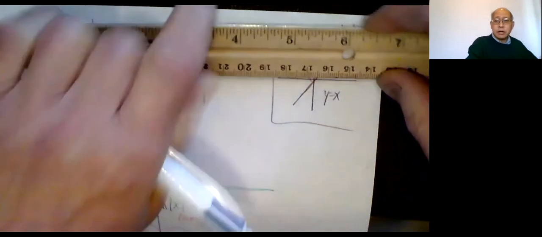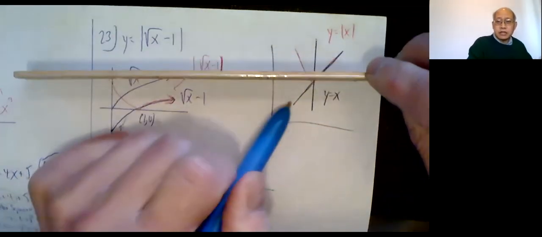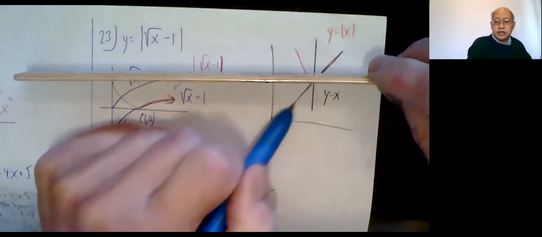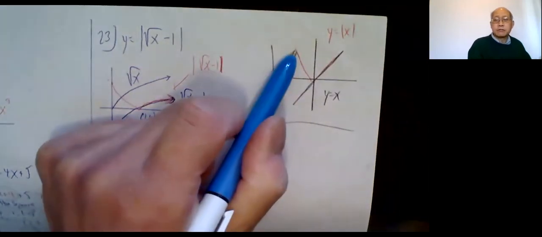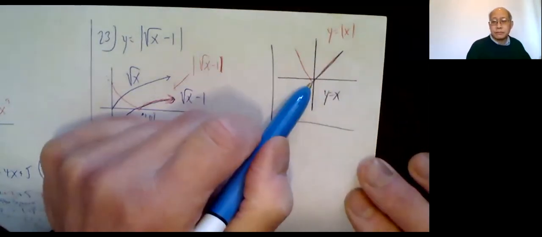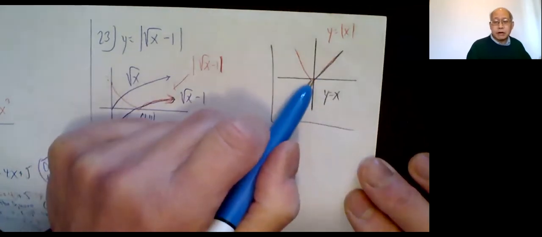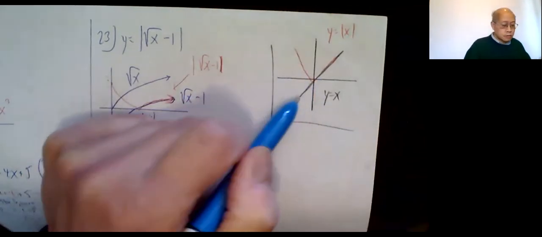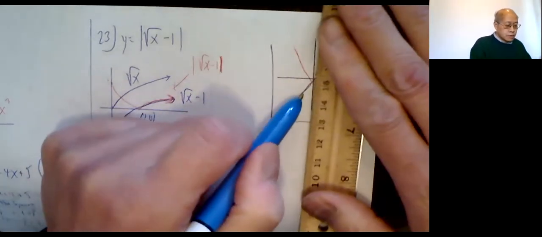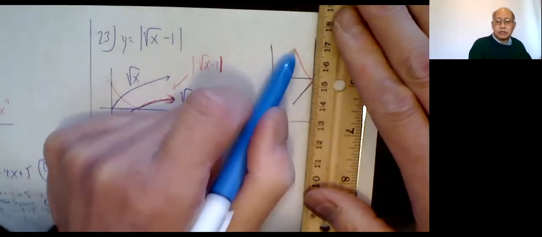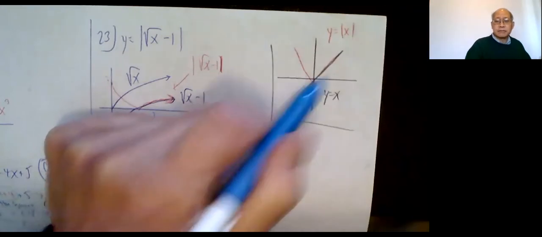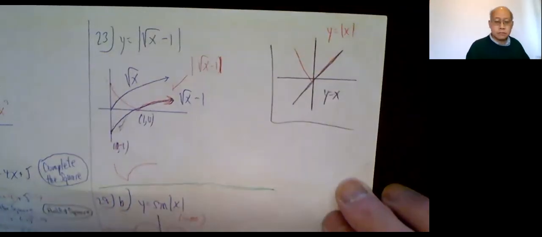So just like over here, I will take the reflection across the x-axis of this piece, and it ends up over here. So you end up with your V shape. You just take the graph of y equals x, and this part bounces over to here. Any part that's negative bounces over to the positive side. This side stays the same, so it looks like that.